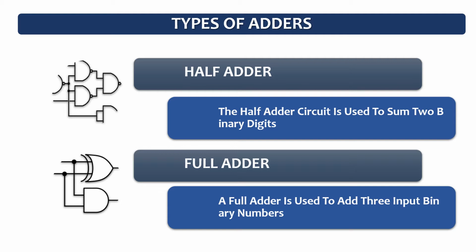Right now just remember two types of adders are there. One is a half adder, second is a full adder, and only two things you need to remember over here. Half adder works with the two binary numbers and full adder works with the 3 input binary numbers. So half adder means 2 bits calculation, full adder means 3 bits calculation.